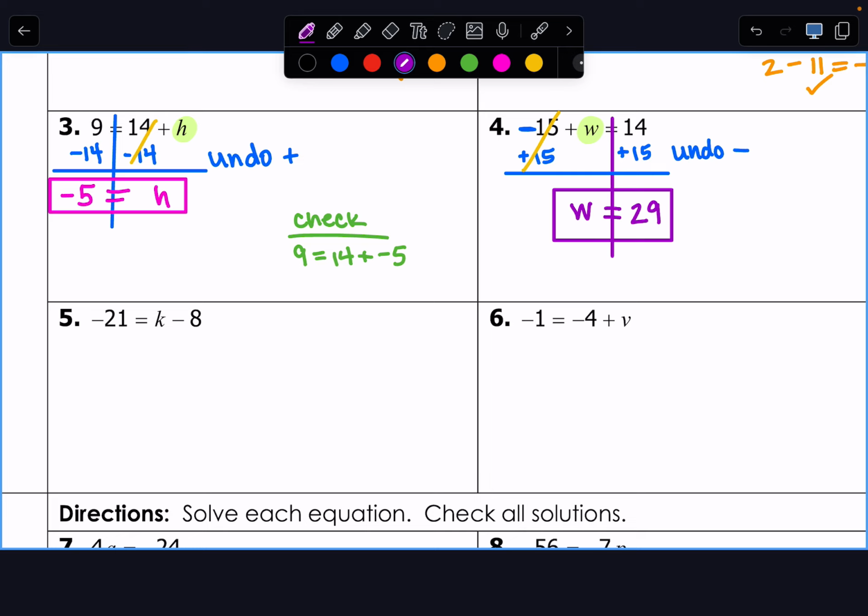We're trying number 5 and 6. This is what we're going to do.